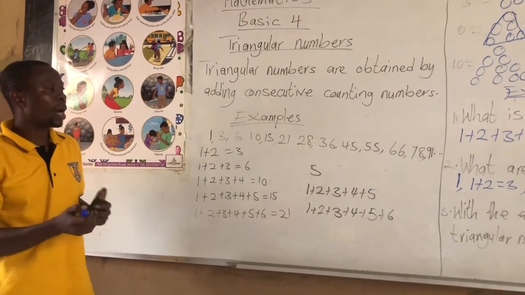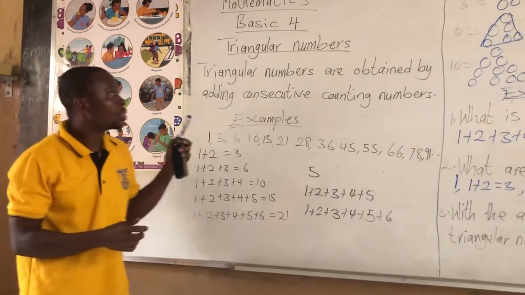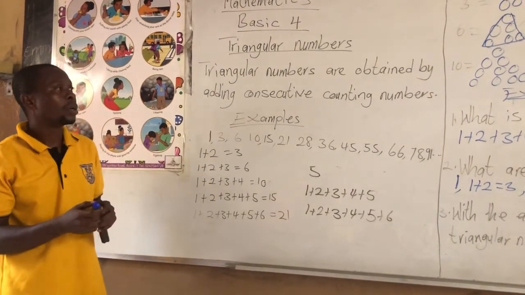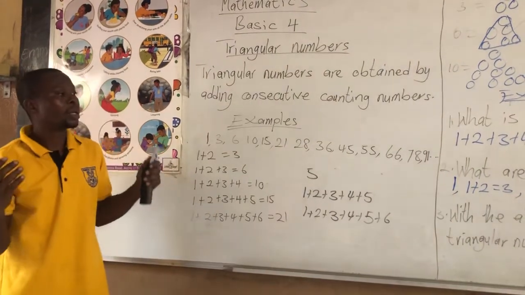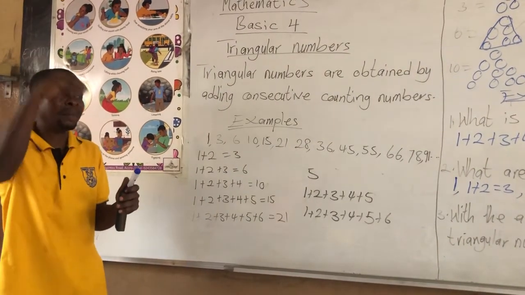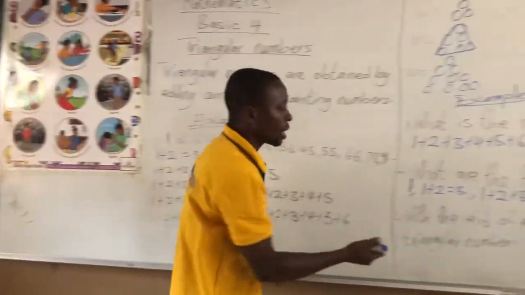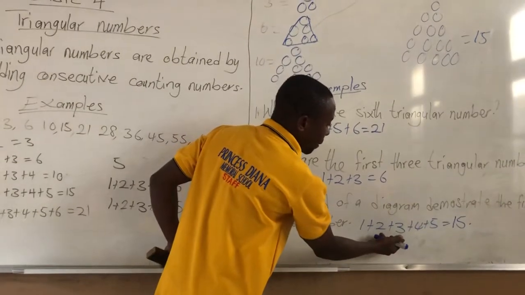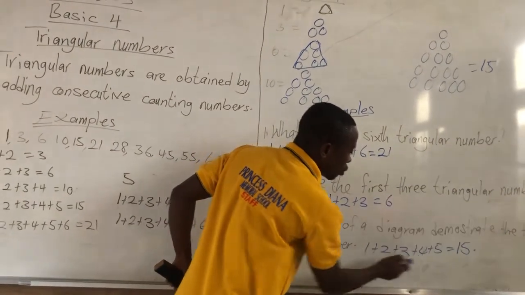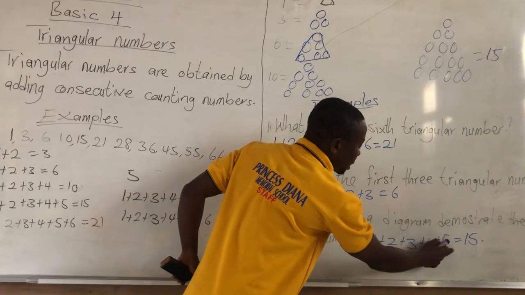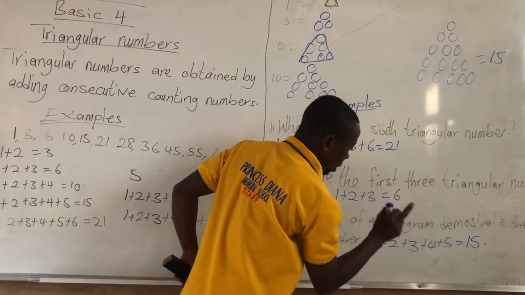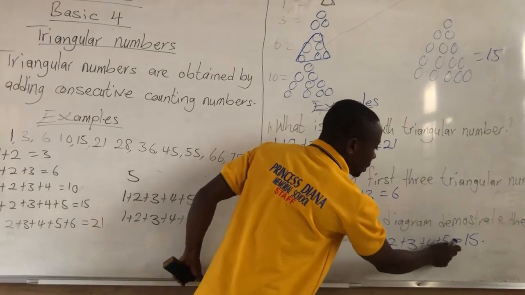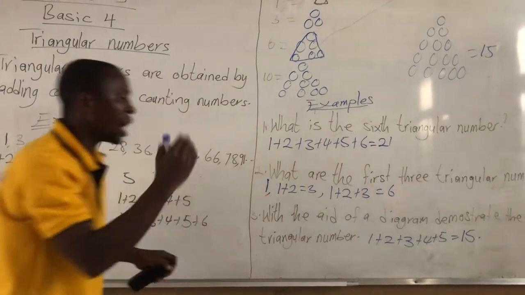So anytime you are asked to find a given triangular number, continue to add counting numbers up to the given number. For example, the fifth triangular number: you add from 1 to 5. If it is the sixth one, we count up to 6. If 7, we add up to 7.